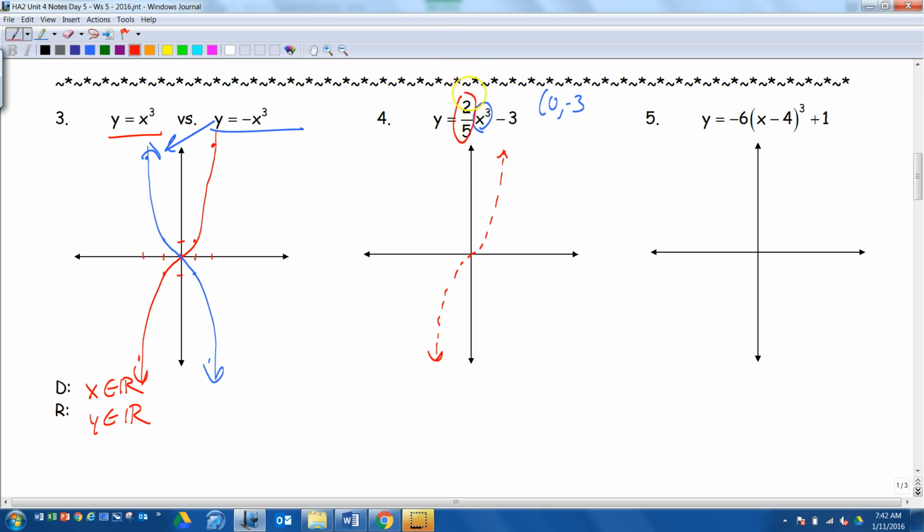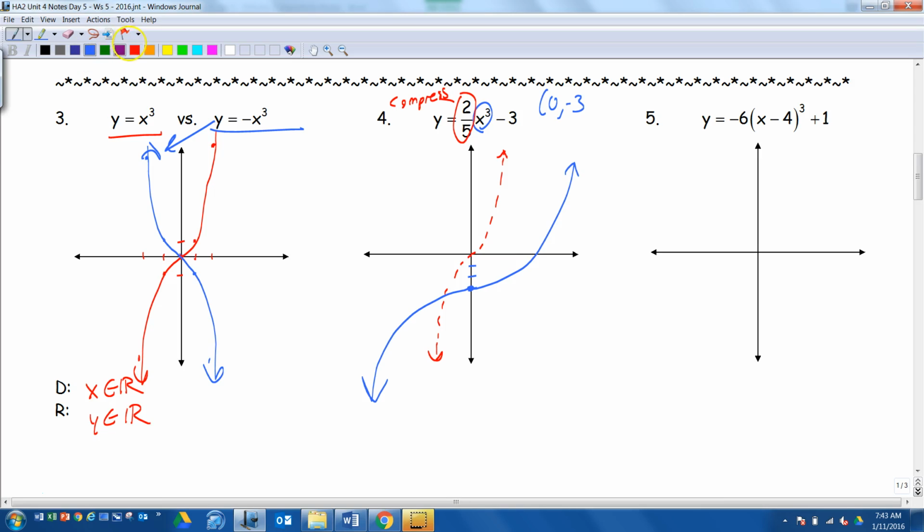Now this is important. This means it compresses vertically. So these are going to flatten towards the axis, and then I'm starting at (0, -3). So 1, 2, 3. And if this is flattening down, the graph is now going to look like this, because it's pushing and flattening it closer to the axis. So that is what the final graph should look like.